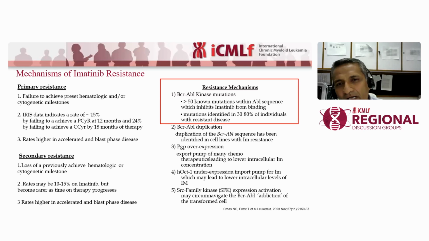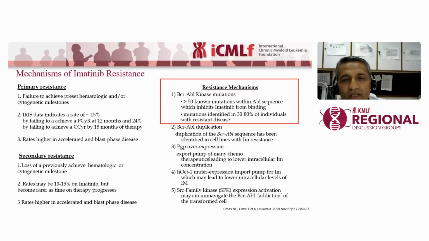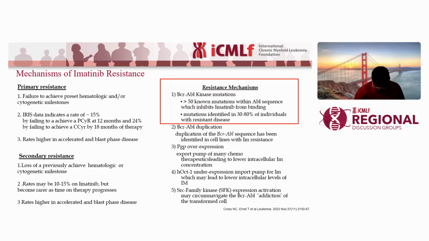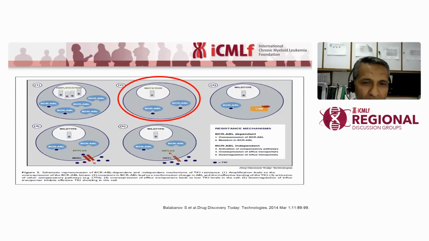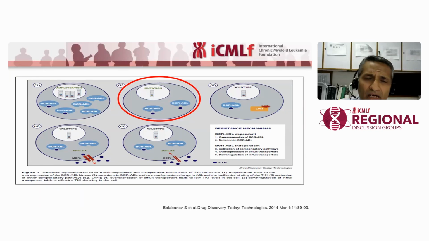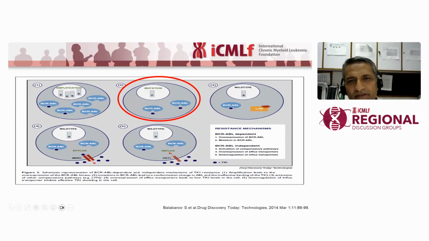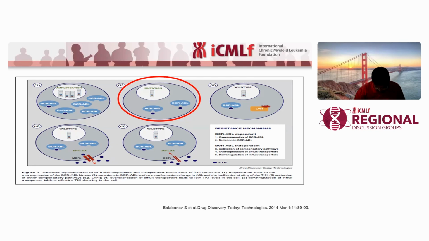Around 30 to 80% of individuals have reported disease resistance, and there are a lot of mutations present in the literature, but of all the mechanisms, the most clinically valuable is the tyrosine kinase domain mutation.